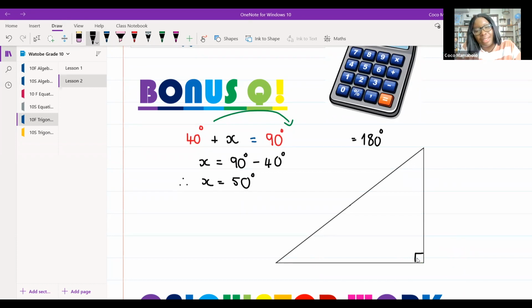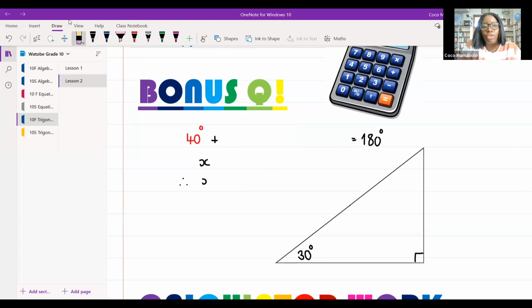If I make this angle over here 30 degrees, I can then do this. Instead of calculating to 180 degrees, because I already know that I've got 90 degrees here, it doesn't matter. I just know that this angle and this angle are going to give me 90 degrees when they are together.